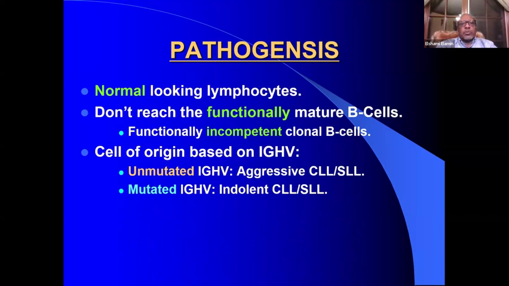This is very important when we talk about CLL treatment. So IGHV unmutated, bad disease, aggressive. Mutated IGHV is an indolent disease, less aggressive. And by the way, this does not change down the road with the disease course. So from the beginning, it's going to be either mutated or unmutated. It doesn't change.